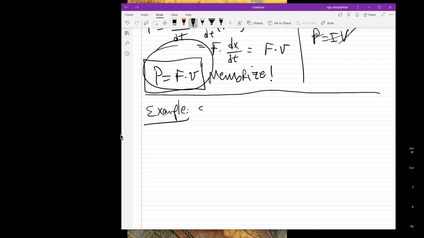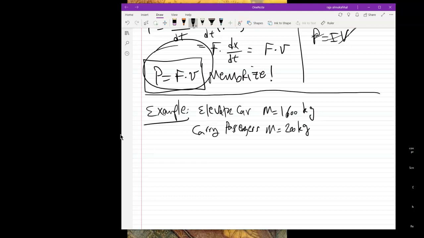It says an elevator car of mass 1,600 kilogram carries passengers of mass, a passenger one, I guess, of 200 kilogram.